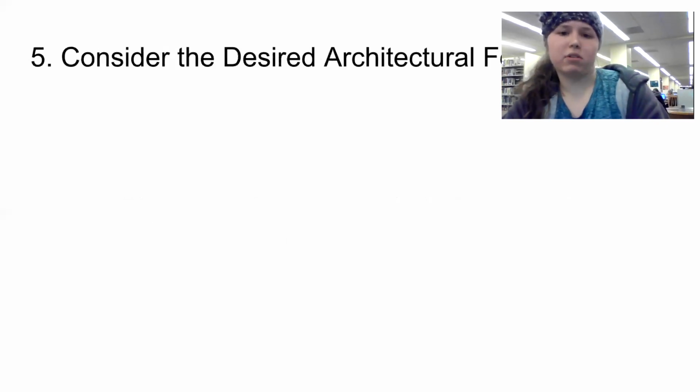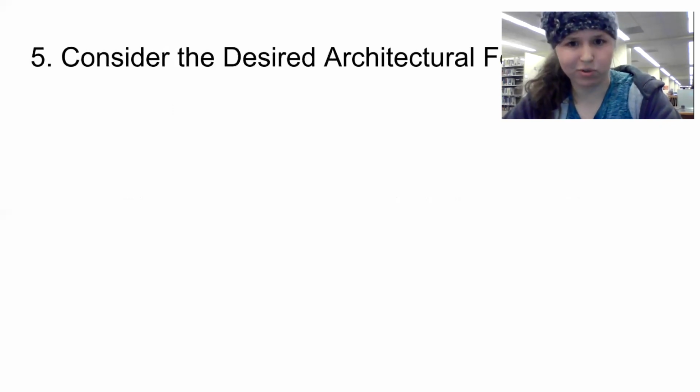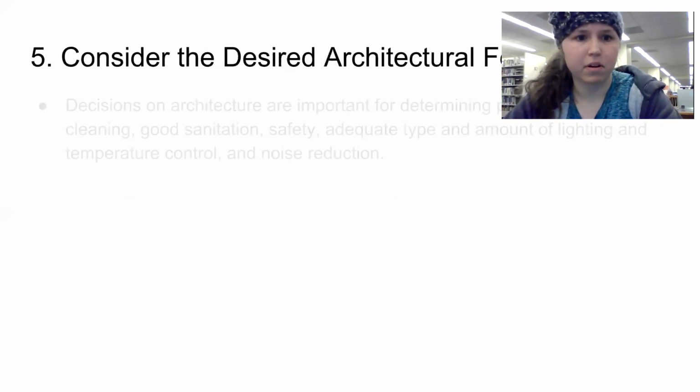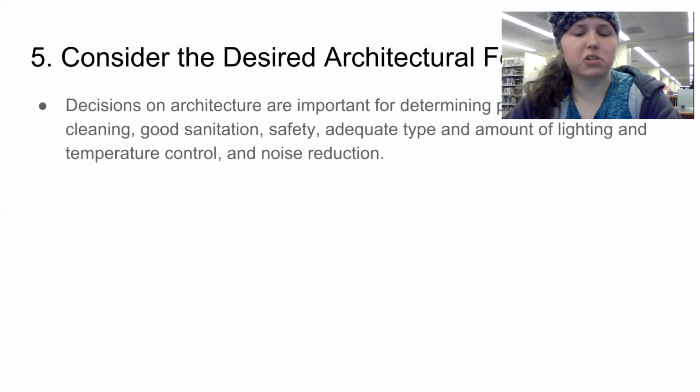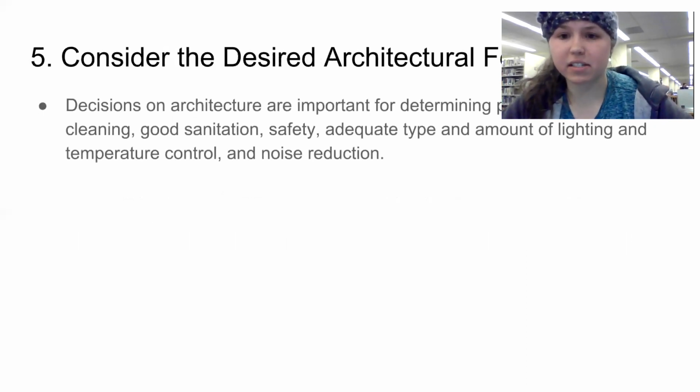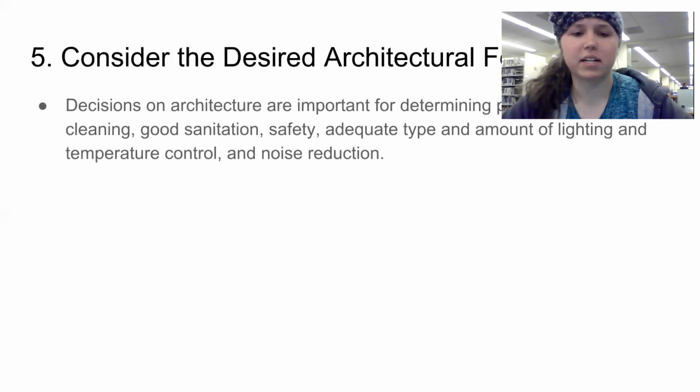And then you're going to want to consider the architectural features. Decisions on architecture are important for determining how easy your facility is to clean and what the sanitation levels are like, the safety, the amount of lighting you need, the temperature controls, and things like noise reduction.